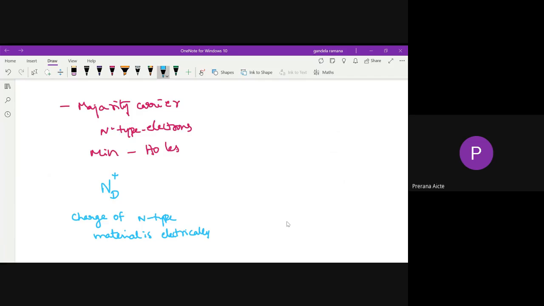In the same way, in p type, it will become an acceptor ion, negative. So these are the donors, and these are the acceptors.